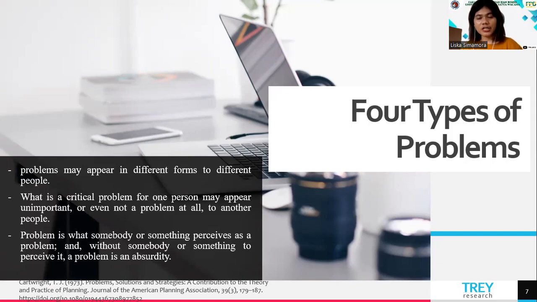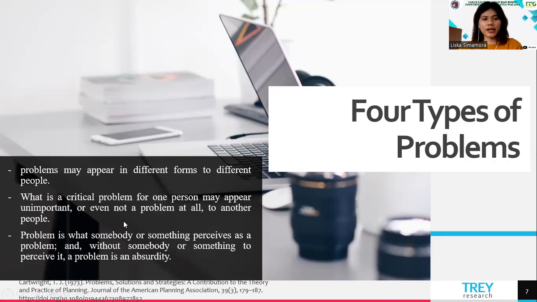You are a reader, and I am a participant. Okay. So problems may appear differently. Our problem is the same, right? We have the learning style problem, but this problem has different things depending on the subject, depending on me, and depending on you.